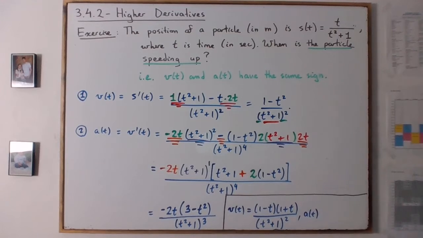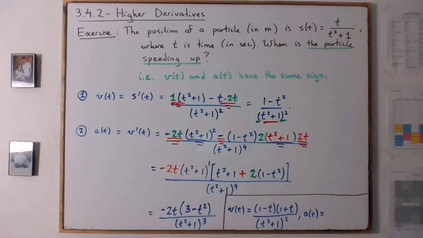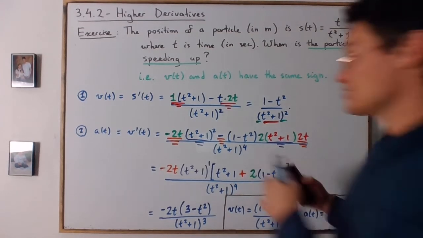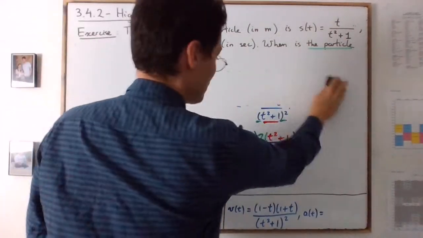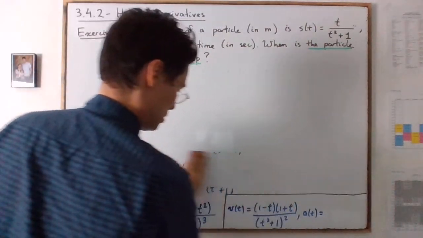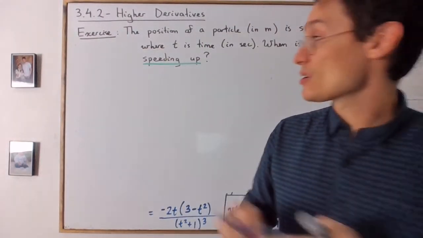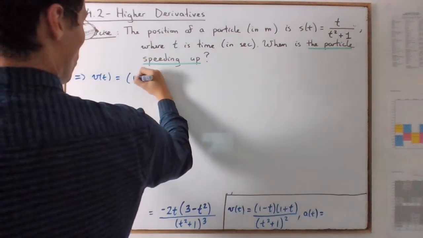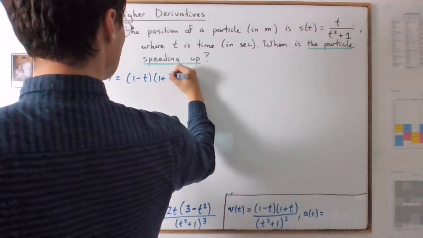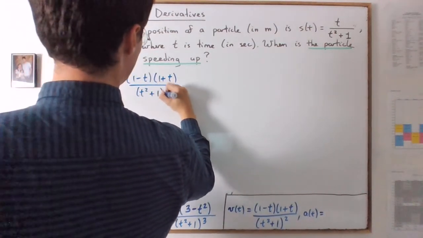As for the acceleration, I don't have enough space still. What could I do? Oh, I have an idea. I'll just erase everything that's here. Now I have the velocity, so I'll erase this, I'm safe. And let's write them here right at the beginning. So we found out that the velocity is 1 minus t, 1 plus t divided by t squared plus 1 squared.